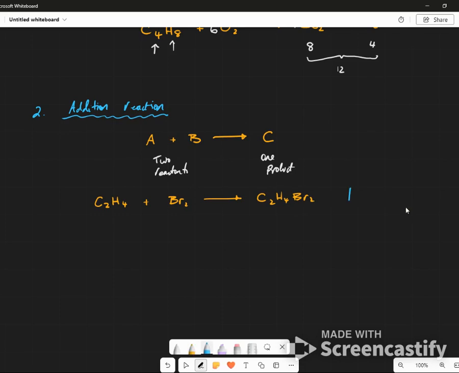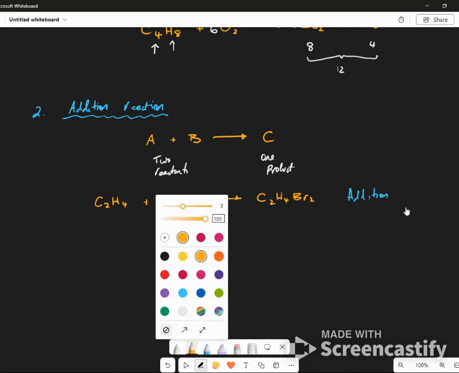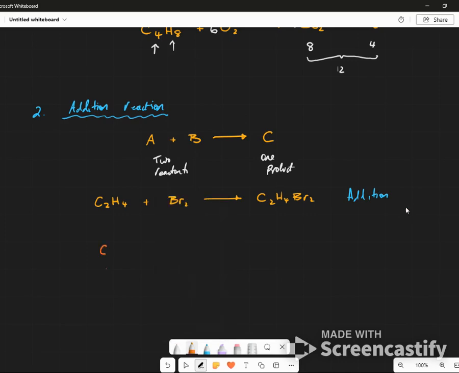And this is a typical addition reaction. To explain this, it's nice to draw the structural formula. So this is my alkene, ethene. I'm going to react it with bromine. There's a Br, and there's a Br.